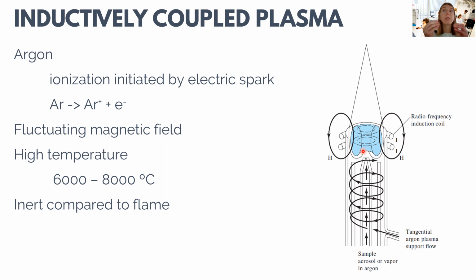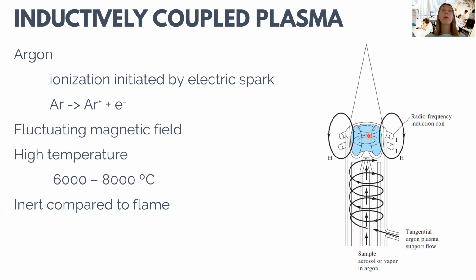This resistance then causes higher temperature to be produced here in the argon plasma. These temperatures can be up to 8,000 kelvins. This plasma is also very stable, so the temperature can be very well controlled. It's not varying a lot, and it is also relatively inert.